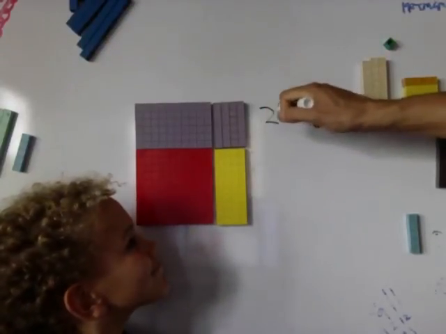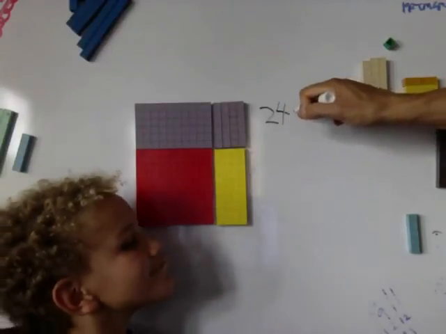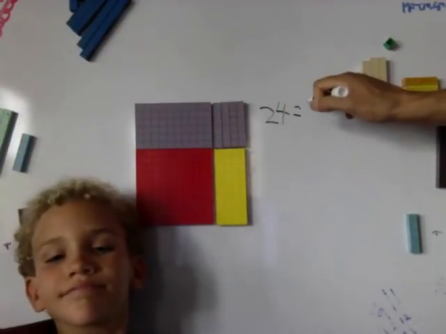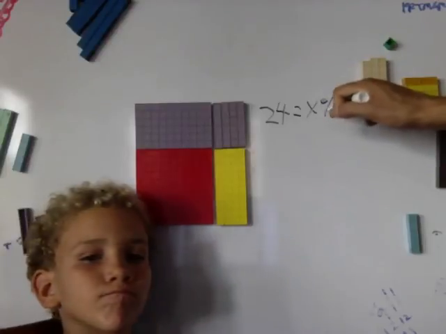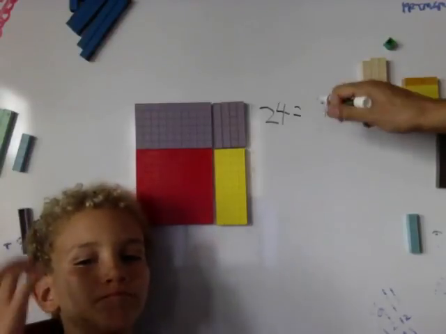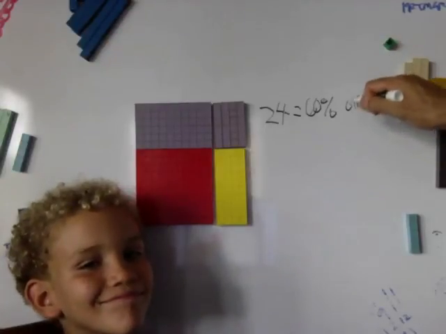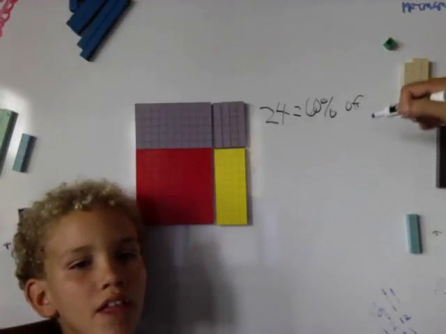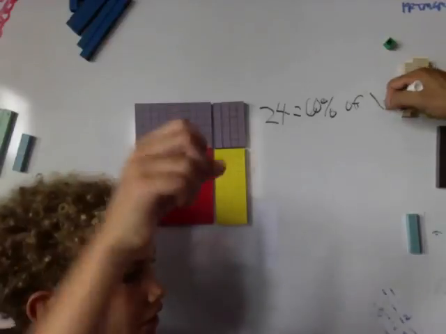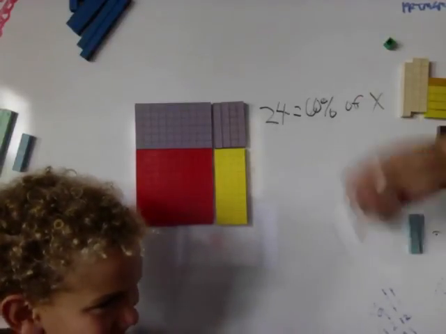I could write 24 is X percent. Oh, no, wait, we knew that. 24 is 60% of X. What's X got to be?